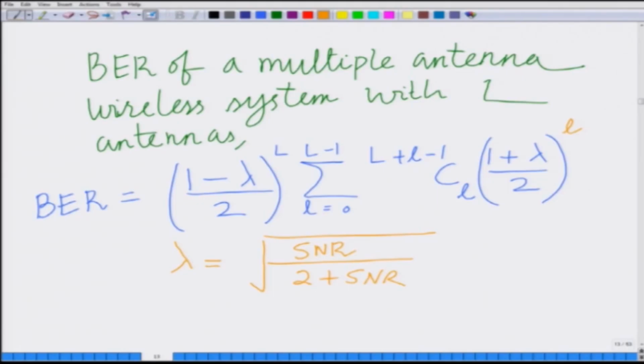It is L receive antennas and a single transmit antenna, that is receive diversity with maximal ratio combining, right. I hope everyone remembers that we considered maximal ratio combining as the optimal combining which maximizes the SNR at the receiver, correct.